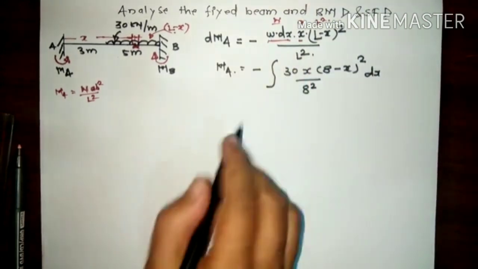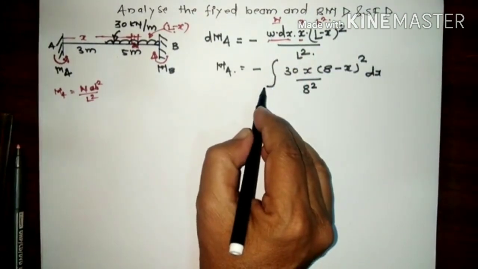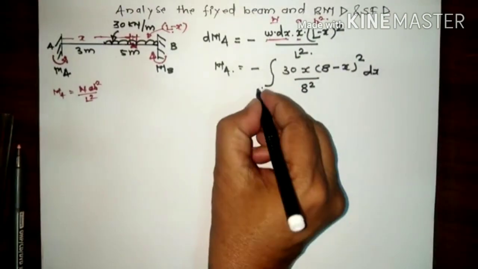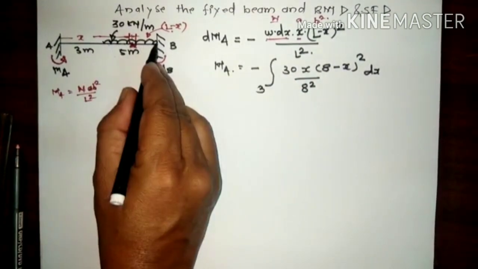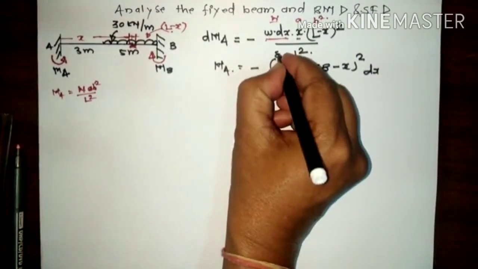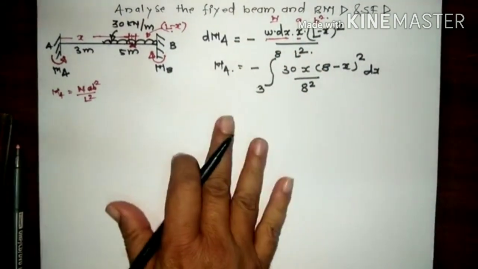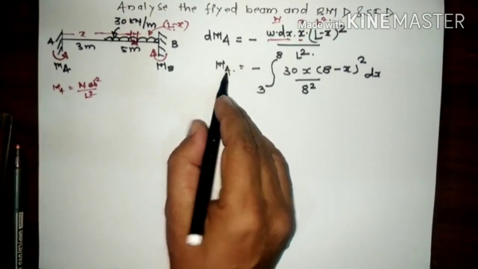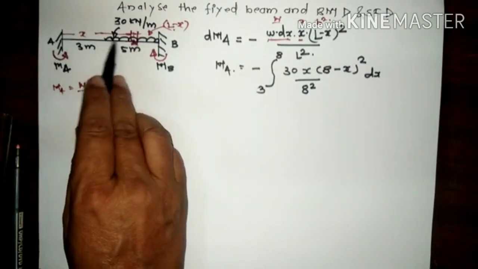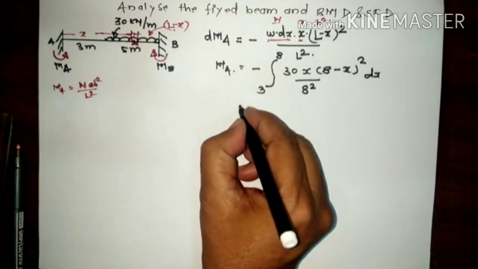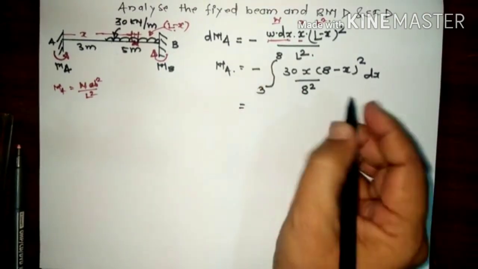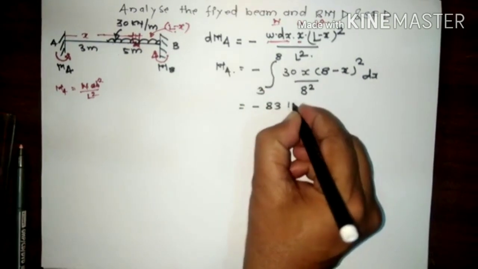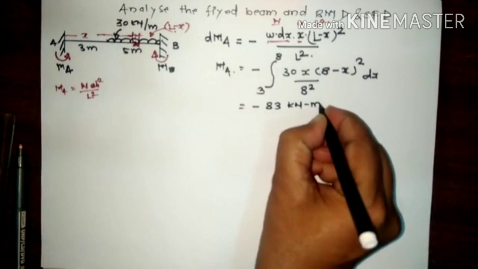Now the limit: this is the starting of the UDL point, start is from 3 meter, so the limit is 3, ending at 8 meter. So this becomes the fixed moment at A due to this partial UDL. Now if we solve this, the answer is minus 83 kilonewton meter.